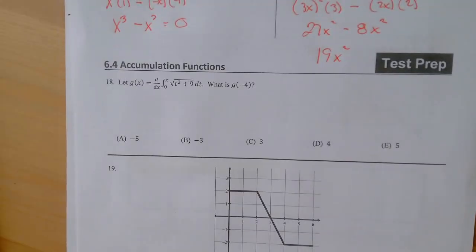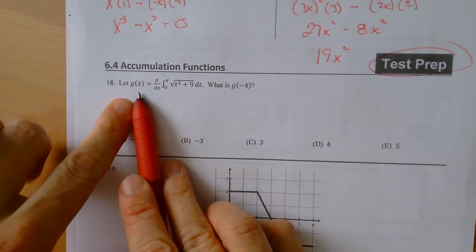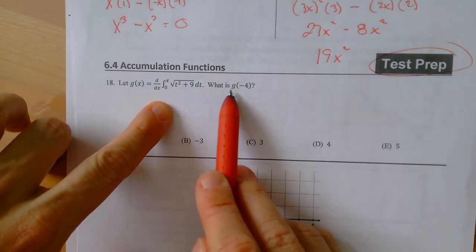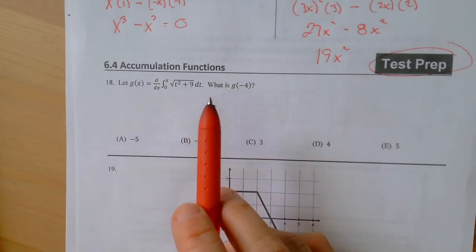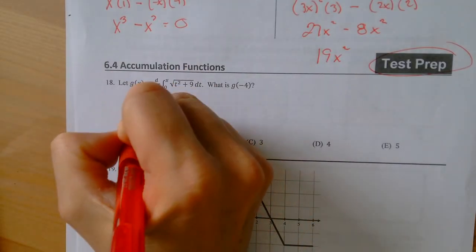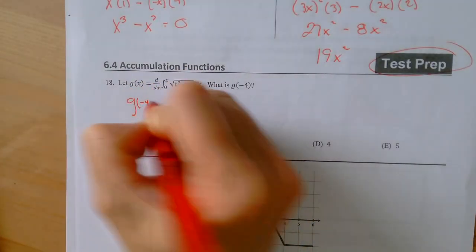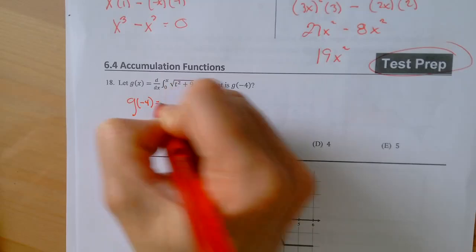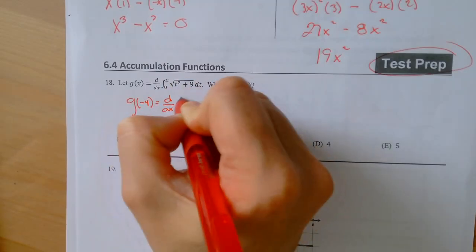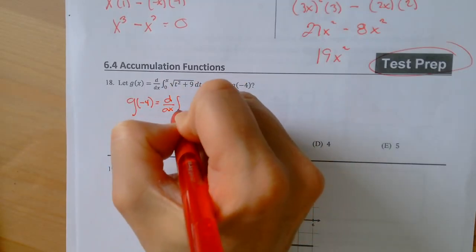All right, moving on, we've got some AP questions. These are just all types of questions you would see. So given g of x is the derivative of the integral, what is g of negative 4? Okay, so g of negative 4, I'm just substituting in negative 4 into g.